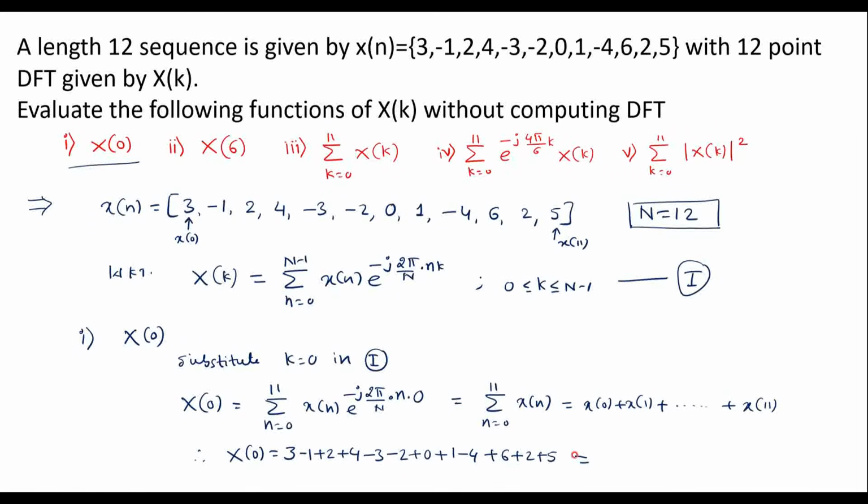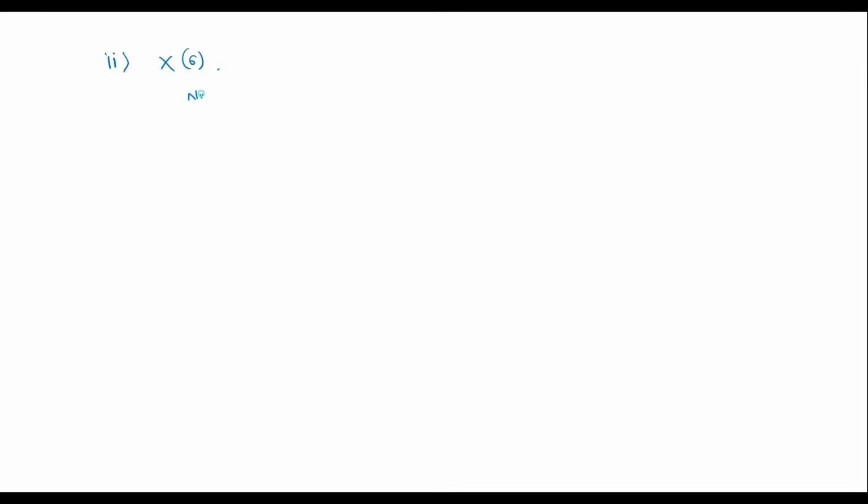Simplifying this, we will get 13. Therefore X of 0 is equal to 13. Now substitute k equal to 6 in equation 1.